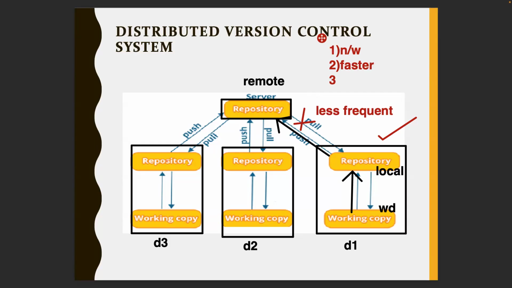And then also if the central server or remote repository is lost, everyone is having a copy of it, so recovery chances are high, better recovery chances. So that's how it eliminates the challenges of centralized version control systems, and distributed version control systems help you resolve these issues.